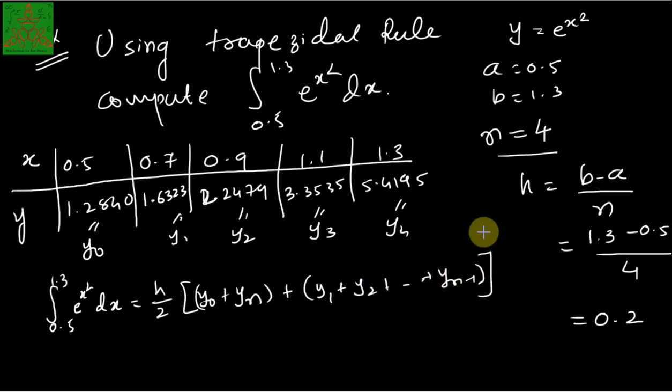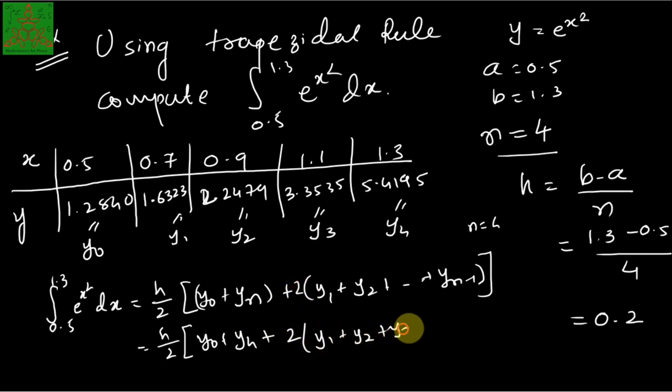As you know n equals 4 here, so this formula becomes h by 2 times y0 plus y4, plus 2 times y1 plus y2 plus y3. So we just need to substitute these values into this formula and we will have our answer. So the answer is 2.117. So this is the trapezoidal rule.